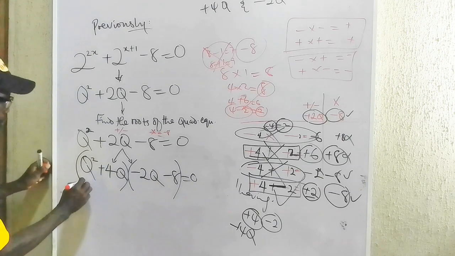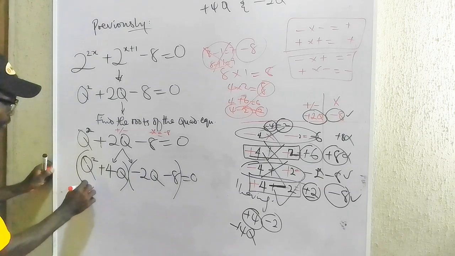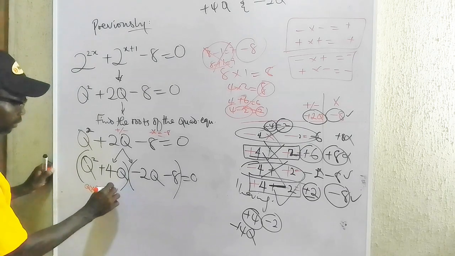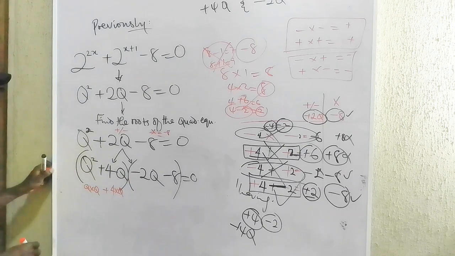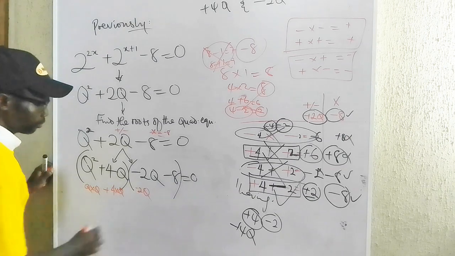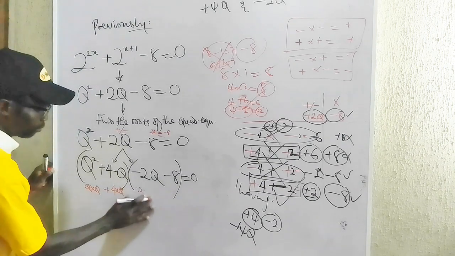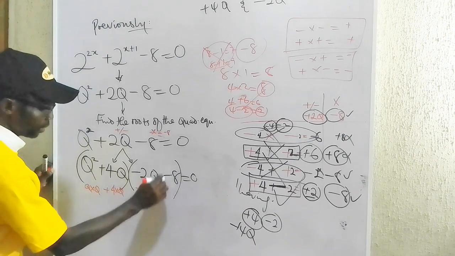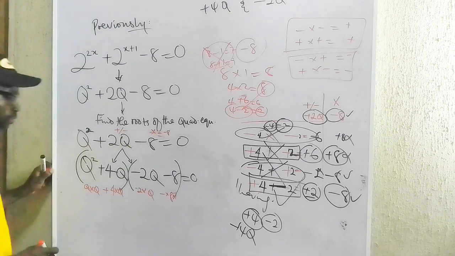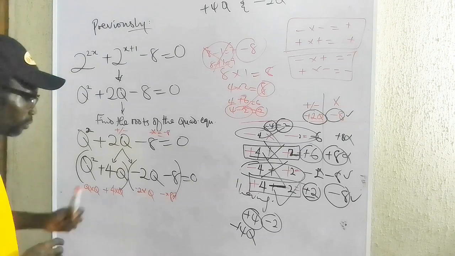What we have here is q times q, and this is 4 times q. Now this is minus 2q, minus 2 times q, and this is minus times 8 times 1. Now I want to leave it here.